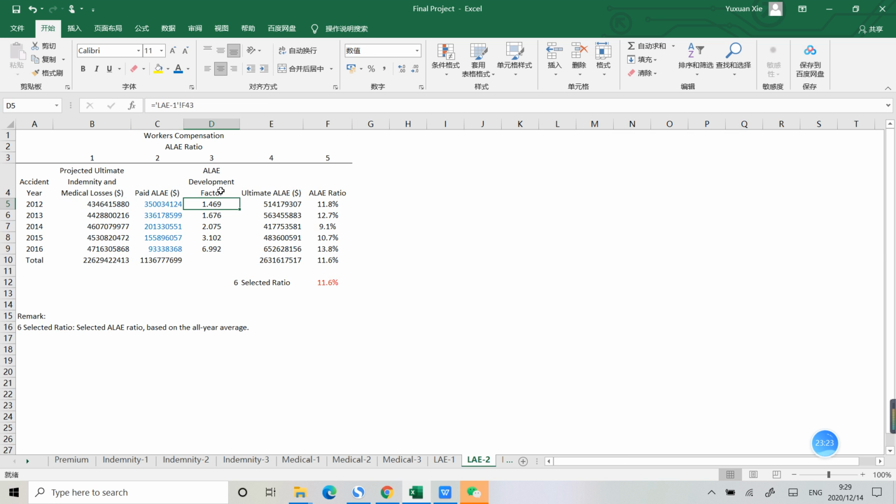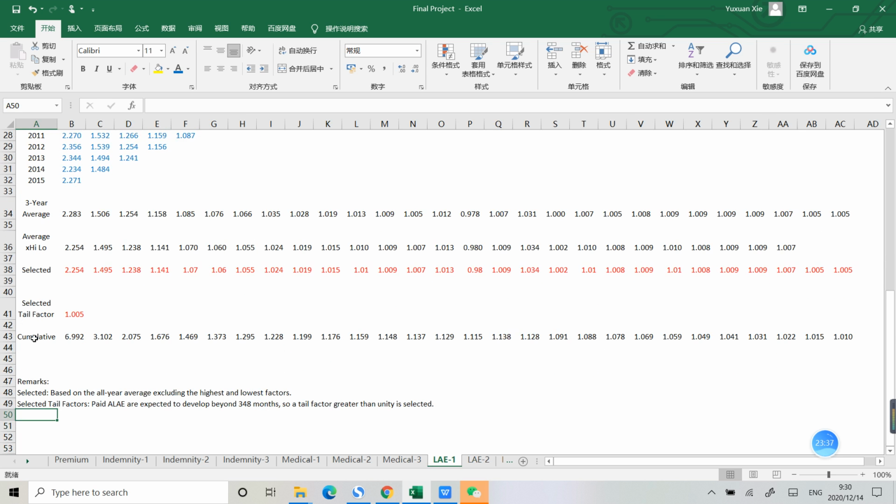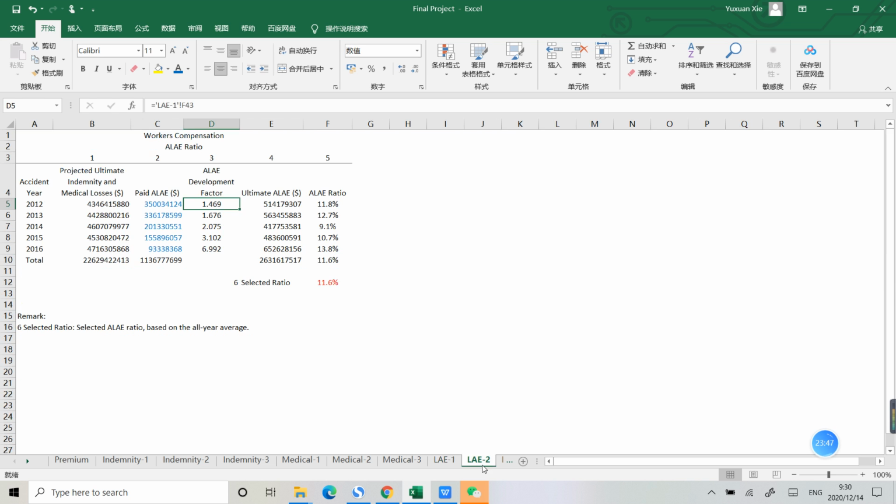The allocated loss adjustment expense development factor is equal to the cumulative ratios in the loss adjustment expense 1 sheet.